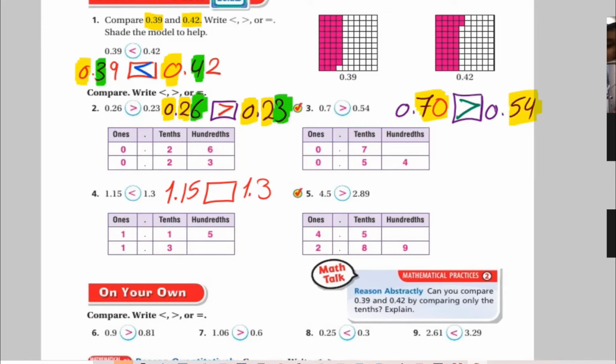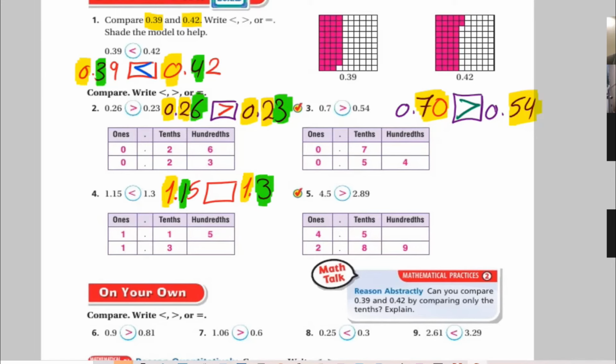Okay, you have to start with the ones place. The ones place here is 1, right? And in the other number, the same. Yes. So we have 1 and 1, the same numbers. Let's move to the next digit. The next digit is 1, right? Yes.